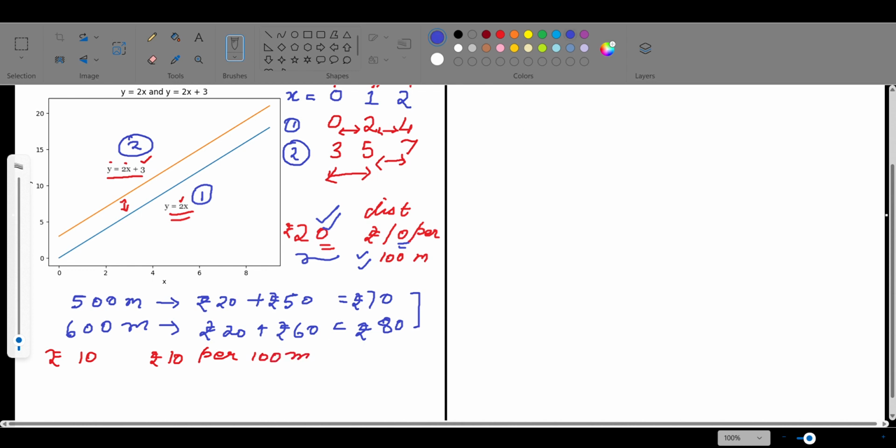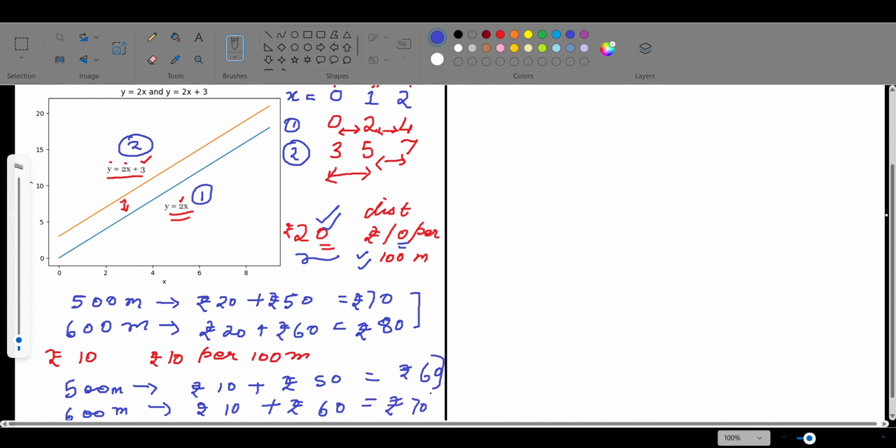In this case too, 500 meters would be rupees 10 plus rupees 50, which is equal to rupees 60, and 600 meters would be rupees 10 plus rupees 60, which is equal to rupees 70. So the change in the total cost is still 10 rupees per 100 meters. I hope that makes sense.